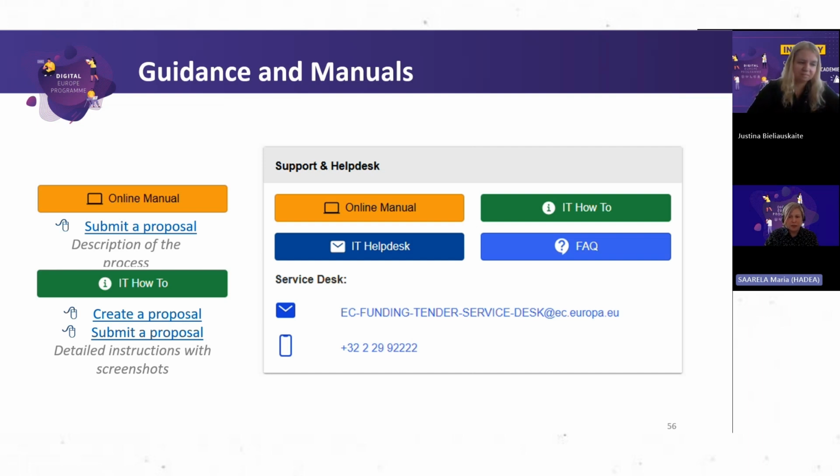So these are the main points to go first if you have any issues with your submission or don't understand something about the proposal submission process. So the online manual really explains step by step how the process is carried out, and then the IT how-to really gives you screenshots and even videos to guide you through. I have included direct links to the relevant sections here. Then the IT help desk, you can reach them if you find any technical problems with the system.